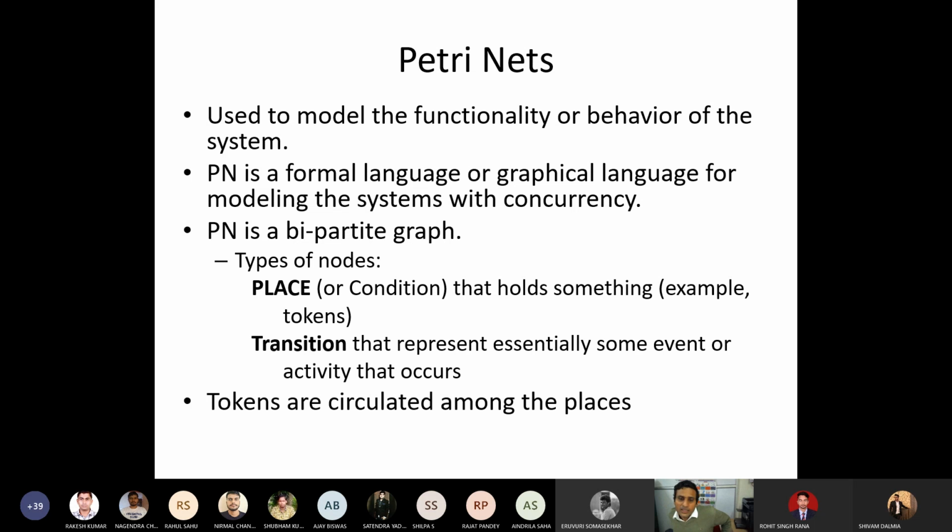In the initial state, the places will have some number of tokens. After that, these tokens will be circulated among different places. We'll see in the next slide why it is a bipartite graph, what a place is, what a transition is, and what the tokens are.